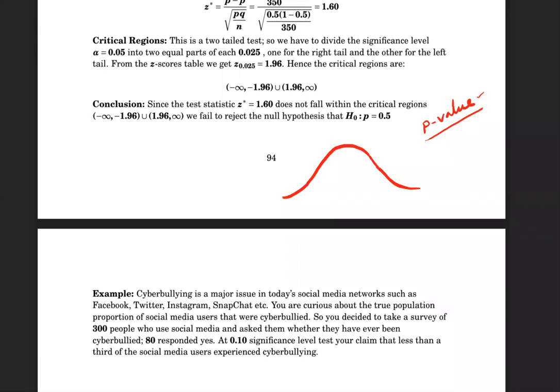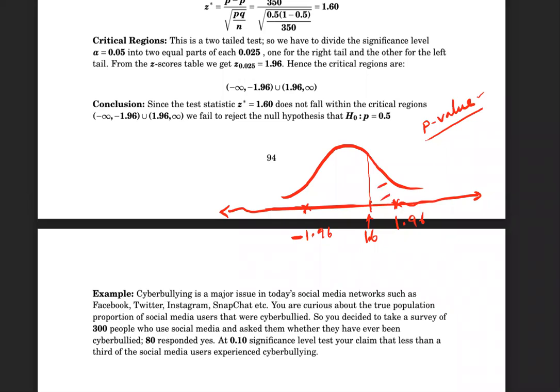What is p-value? So let's say this is my negative 1.96 and this is my positive 1.96. Okay, my critical regions are from here all the way to the positive infinity, from here all the way to negative infinity, right? And your test statistic was right here, 1.6. So p-value is gonna be, since it's positive, we are gonna consider the right side, area to the right.